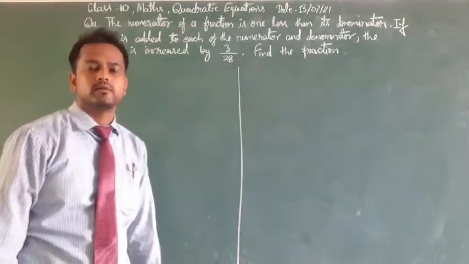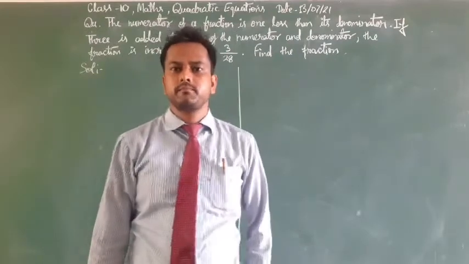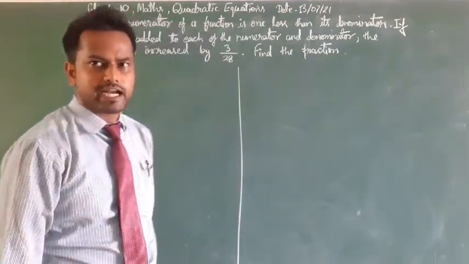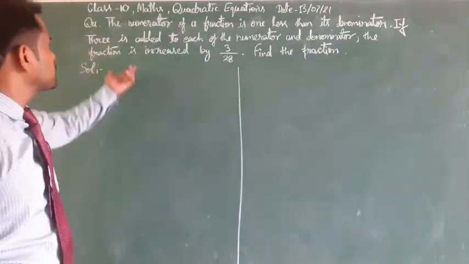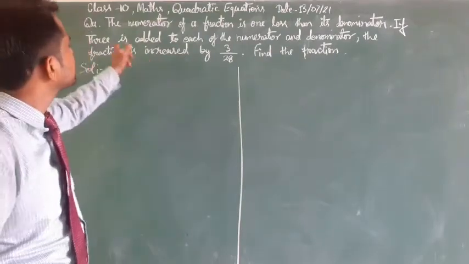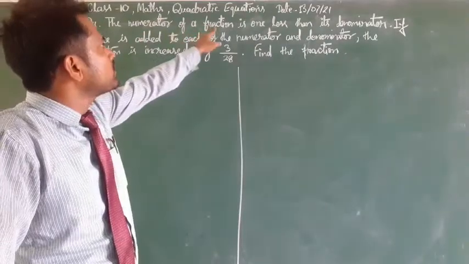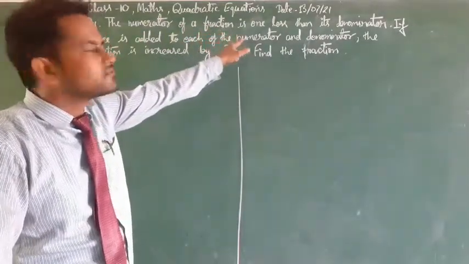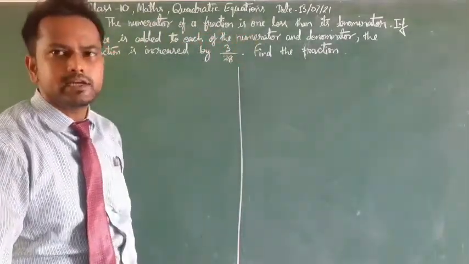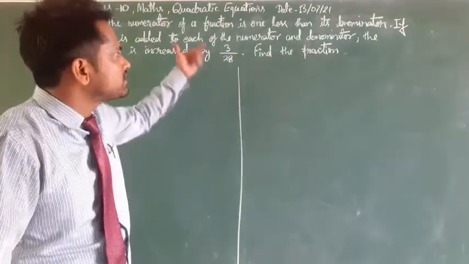Now I am going to explain a problem based on fractions. One question is given: the numerator of a fraction is 1 less than its denominator. What does it mean?